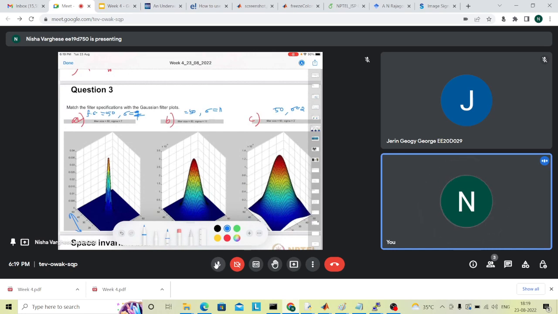Okay, 50. It's a square like structure, and the amplitude has a sudden decrease here, but in the third image the decrease is very slow. Okay, so the third picture has a lower sigma or a higher sigma? Standard deviation means variation from the mean. So if it is very less, means the variation from the mean is less.